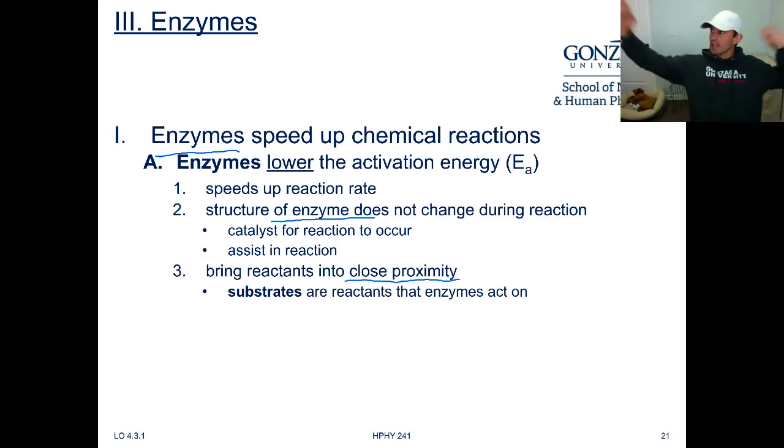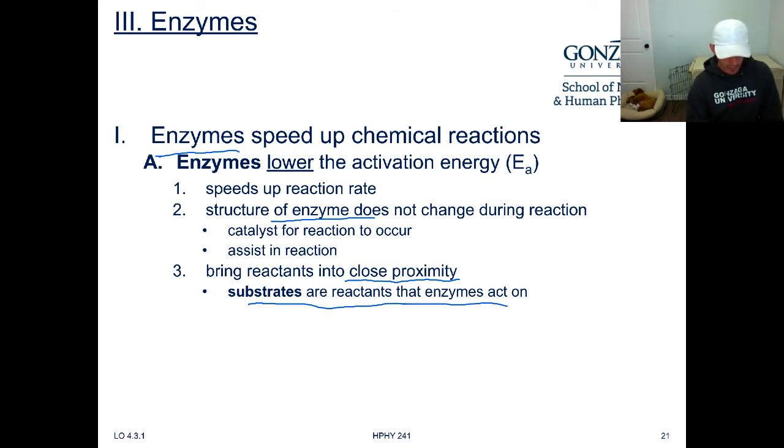As opposed to just hanging out on opposite parts of the cell or opposite parts of the organelle. The enzyme acts as this kind of central locator. Okay, you both are together. Now we can have this reaction proceed and we'll move on. And some more terminology here, anything that an enzyme acts on, we call it a substrate. Okay, indicated right here, substrate. Substrates are reactants that enzymes act on.